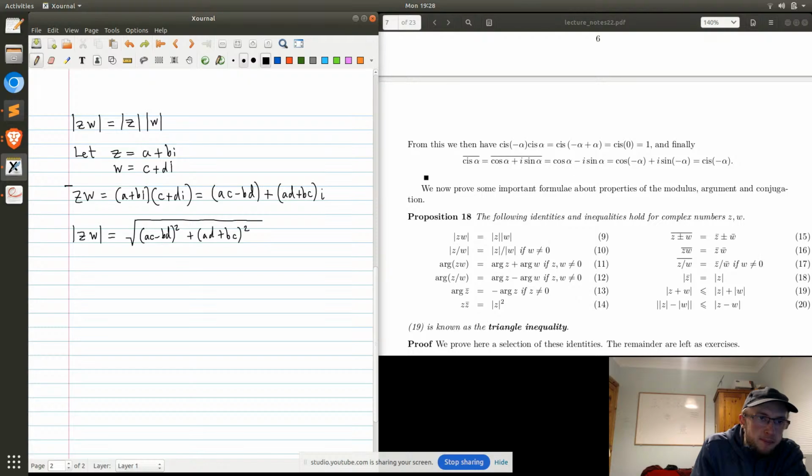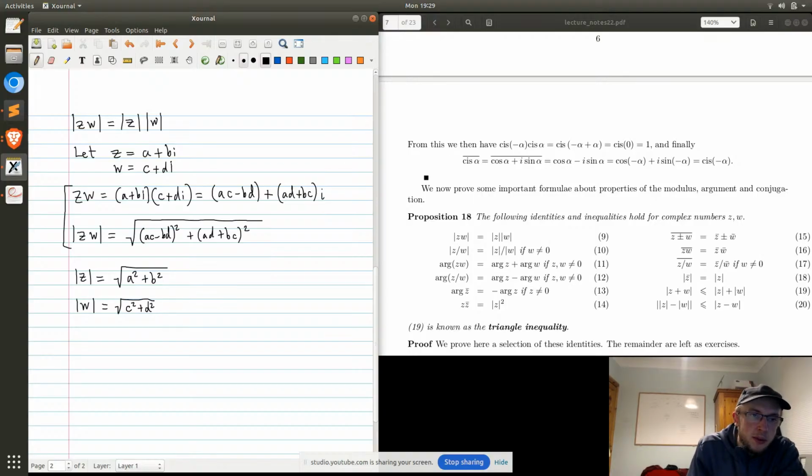Let's consider what the right-hand side looks like. So the modulus of z is this, and the modulus of w is this, like that.